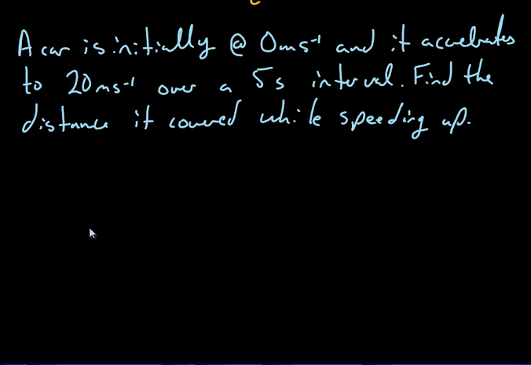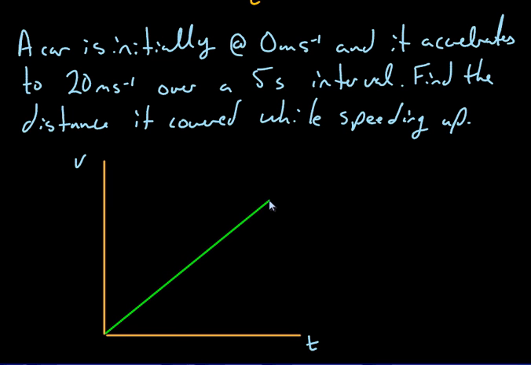So, first thing I want to do is graph what this is going to look like. Okay. All right. So here's our velocity, and here's our time. And I think you'll see that the velocity is now increasing. You have an accelerated velocity, so you've got this thing going on here, right?